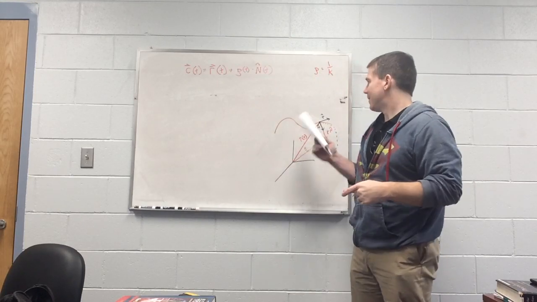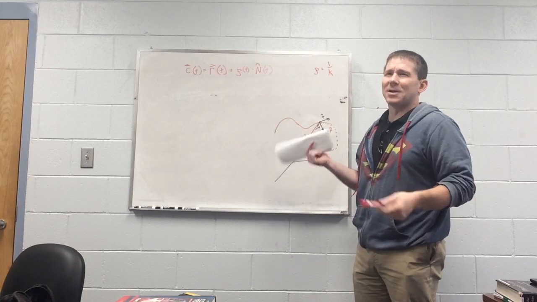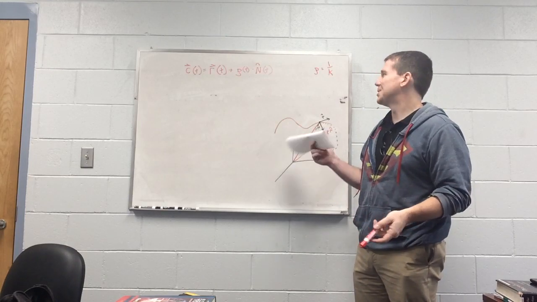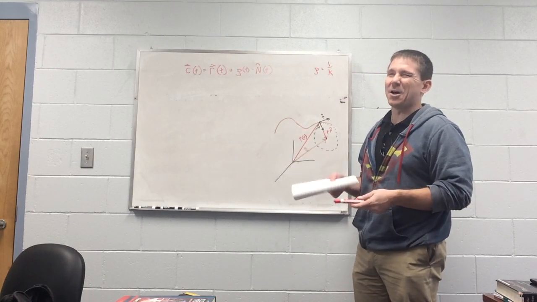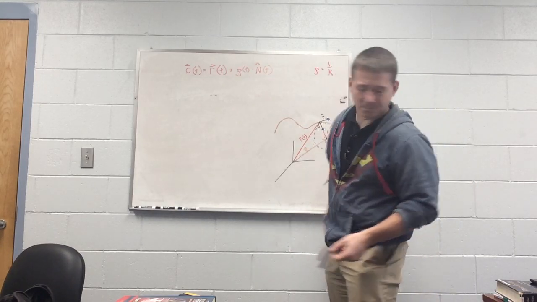And now again, for the purposes of this, we're going to use a nice simple r of t, and we're going to assume that we already know the tangent and the normal, and we've calculated all that. I've already done it on other videos, so I'm not going to bother doing it here.